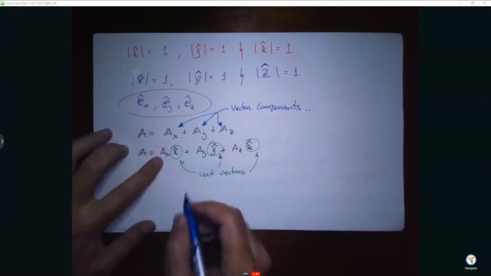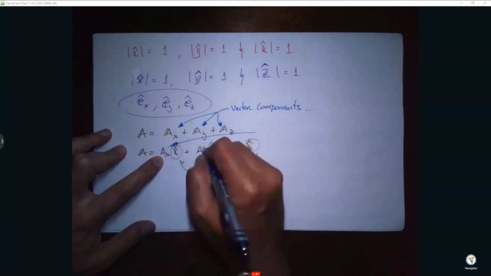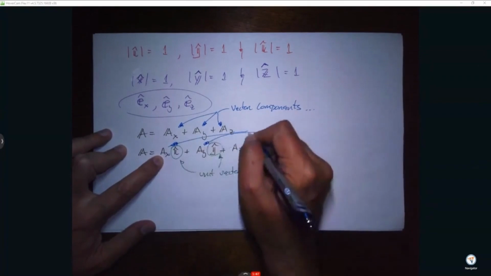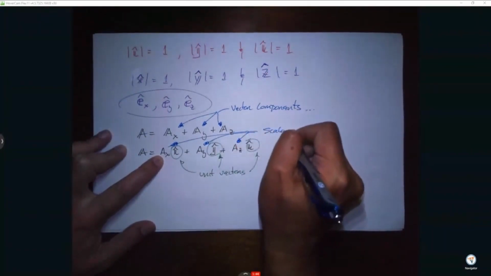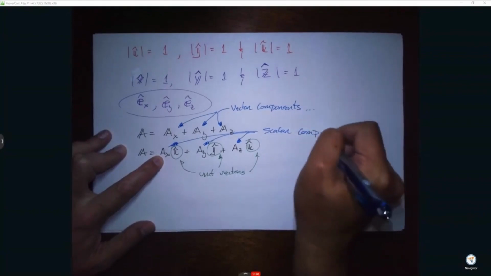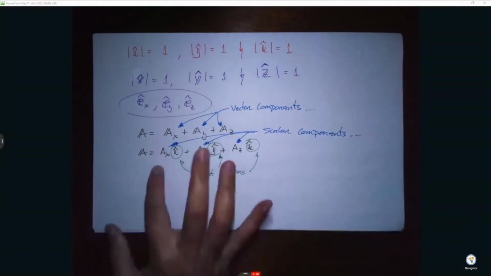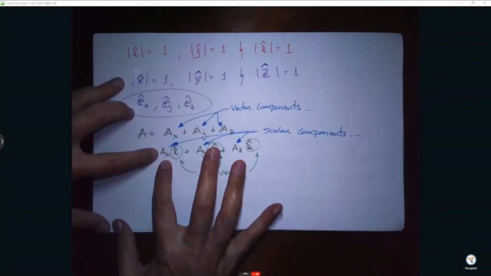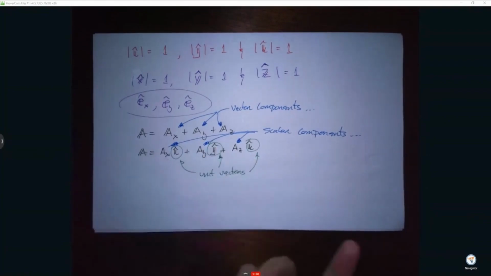And then these components that sit in front of those, this A x without the extra line, and this A y without the extra line, and the A z without the extra line, these are the scalar components of our vectors. And so A x, if it's positive, will point in the plus x direction, but A x, if it's negative, will point in the negative x direction. So that kind of idea.